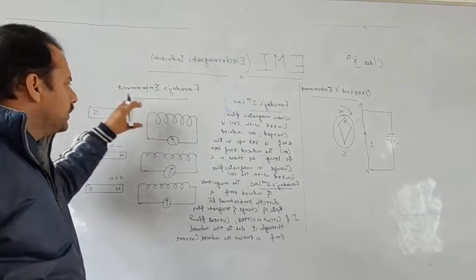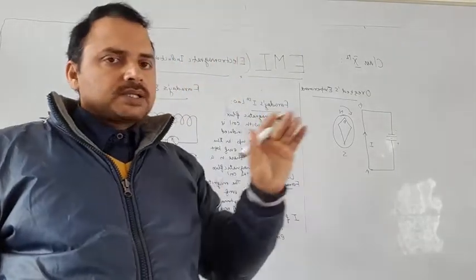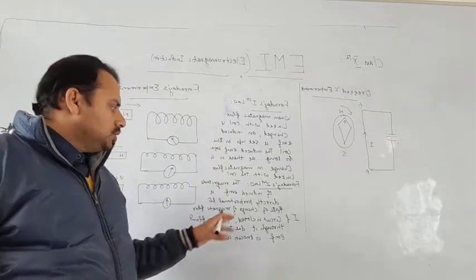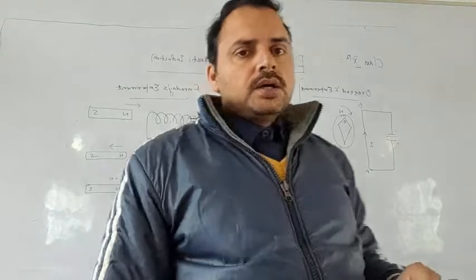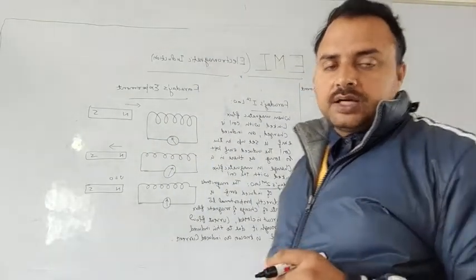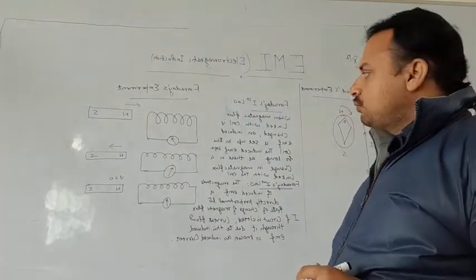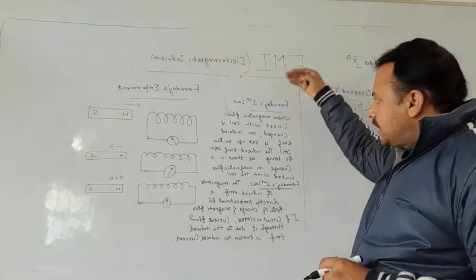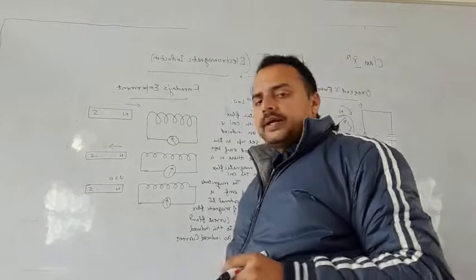So you will get less EMF, and because of that you will obtain less current, and that current is known as induced current. So this means that Faraday's second law gives the magnitude of the change in magnetic flux, and hence the induced EMF.